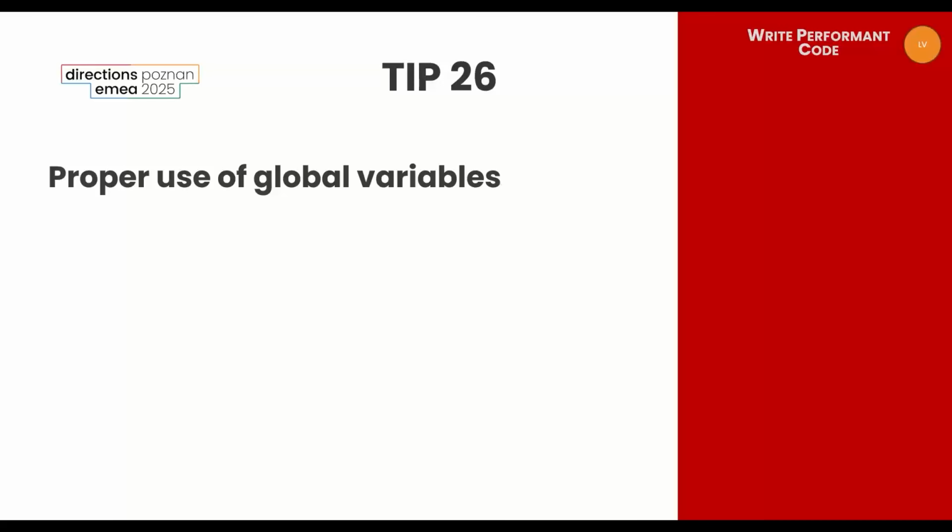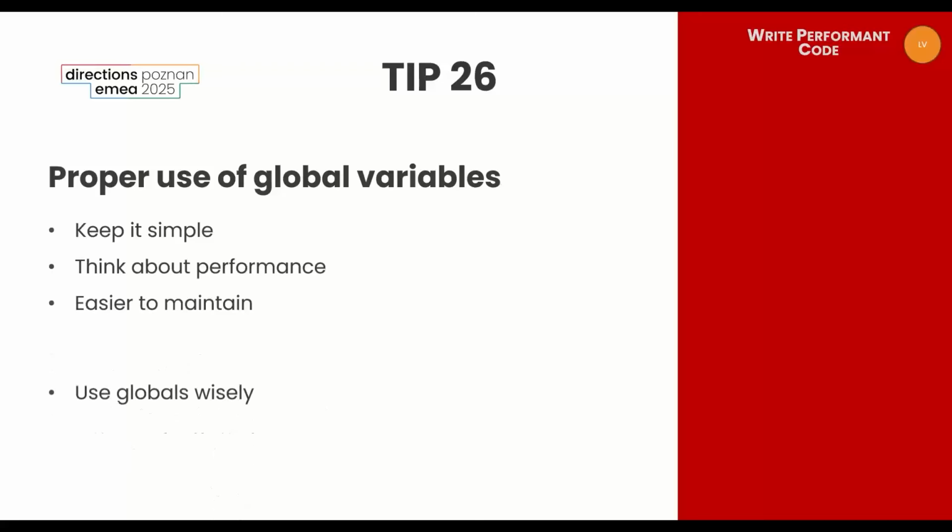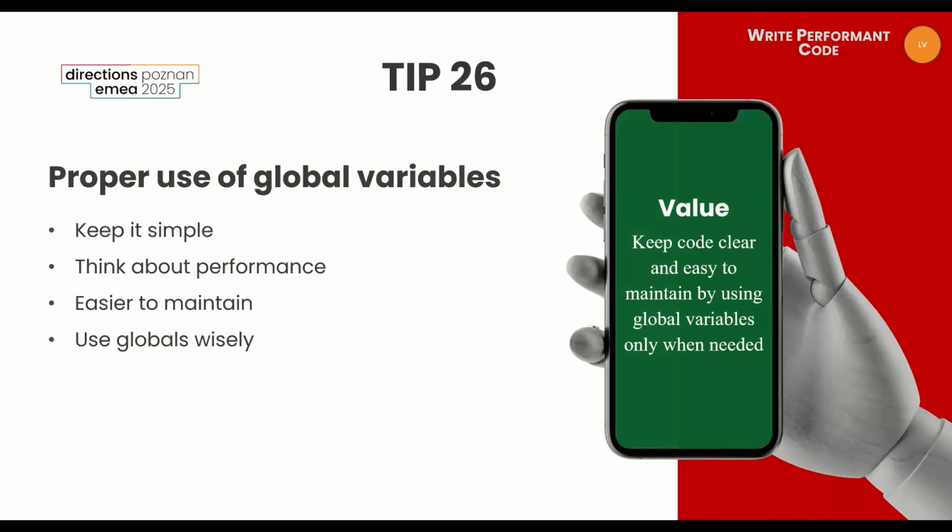A very small one, proper use of global variables. From the past, when I started in this world, there were only global variables, but no locals at all. And now it's more like, do it local and be wise in using globals. Keep it simple. Don't make something global if it doesn't need to be. Why?